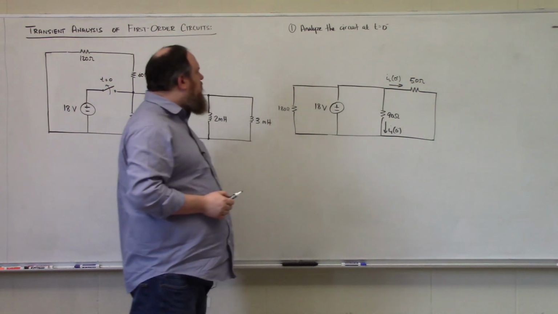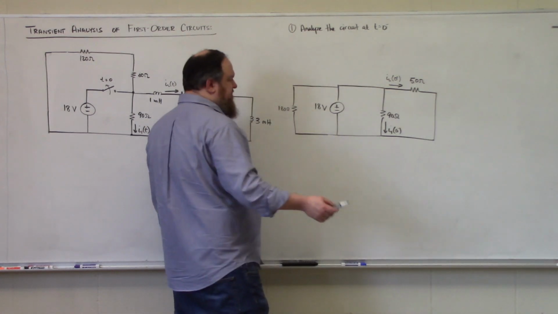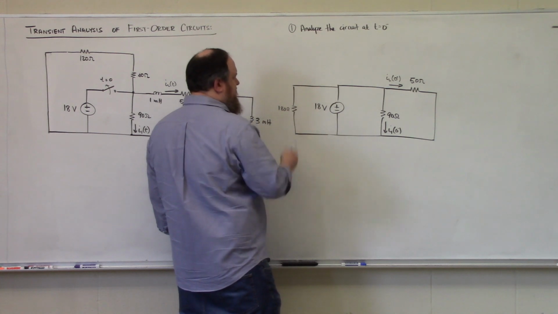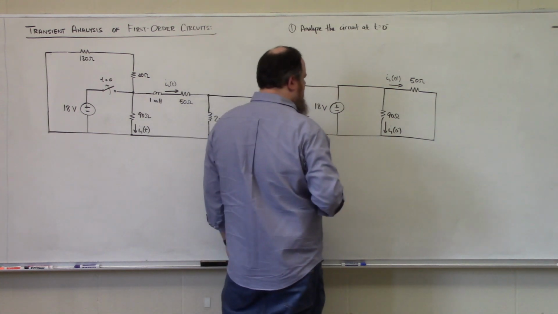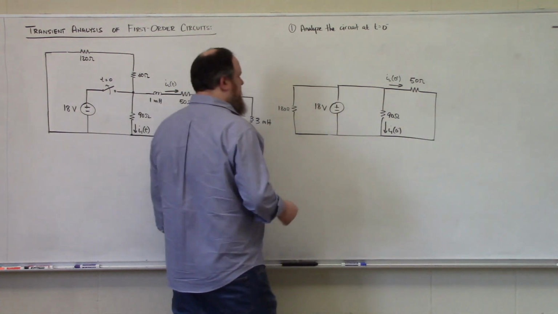So I can determine what these two currents are very, very easily, just using Ohm's law. Because I have an 18 volt source in parallel with a 180 ohm resistor, in parallel with a 90 ohm resistor, in parallel with a 50 ohm resistor.